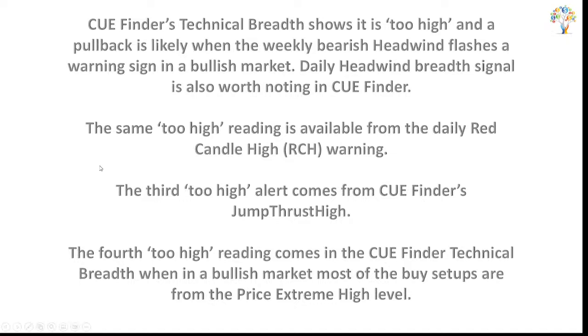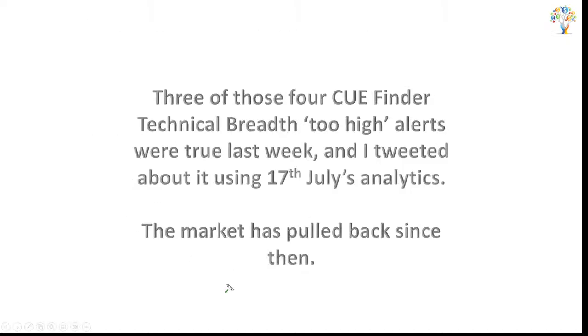I profit from all of that. And out of those 4 ways, 3 of the 4 Q Finder technical breadth too high alerts were true last week, and I tweeted about it. Using 17th July's analytics, the market has pulled back since then.